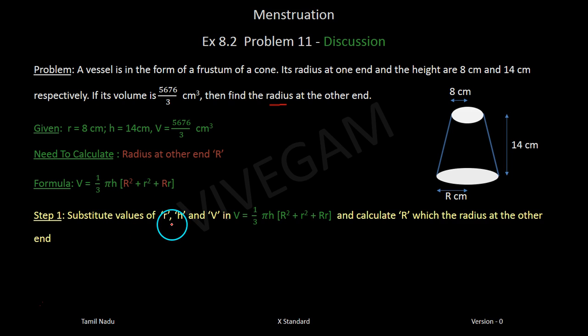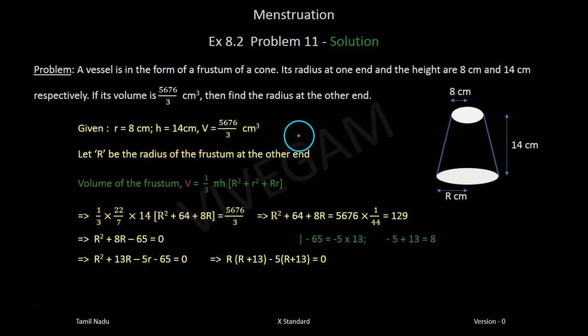Substitute the values of r, h and V, that is r equal to 8 centimeter, height equal to 14 centimeter, V equal to 5676 divided by 3, in the formula V equal to 1/3 pi h into R square plus small r square plus Rr, and calculate R, which is the radius at the other end. So I guess you can pause the video here and work this problem on your own.